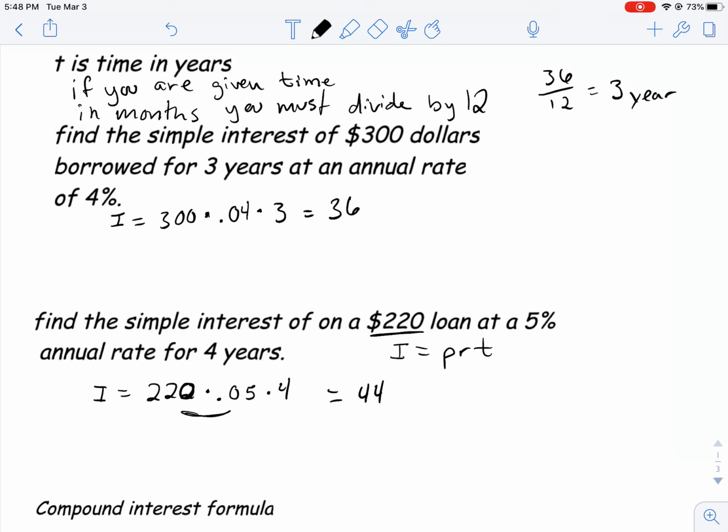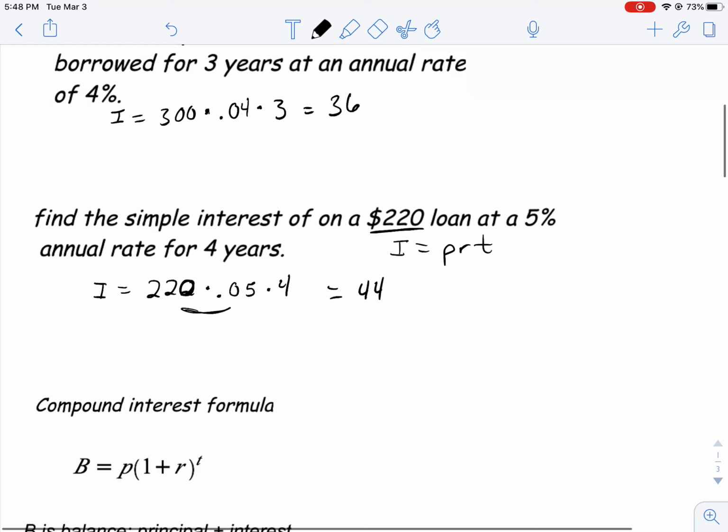Move the decimal over 1, and then you times that 11 by 4. You can put this all in the calculator, so that's just how I did it in my head. But you get $44 is your interest. So $44 made in 4 years on this deposit, or you pay $44 extra if you borrow $220.